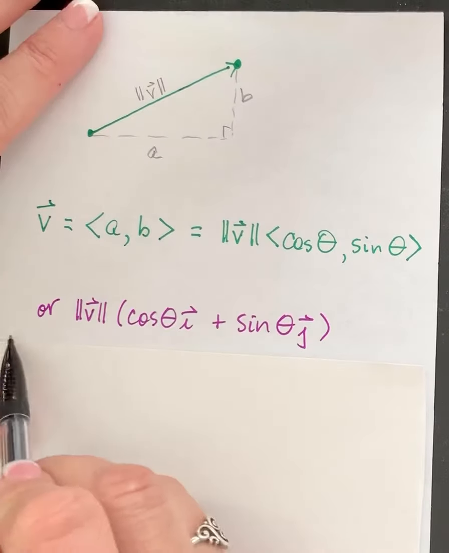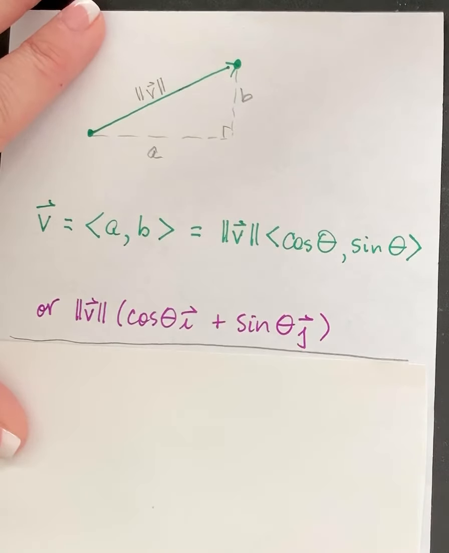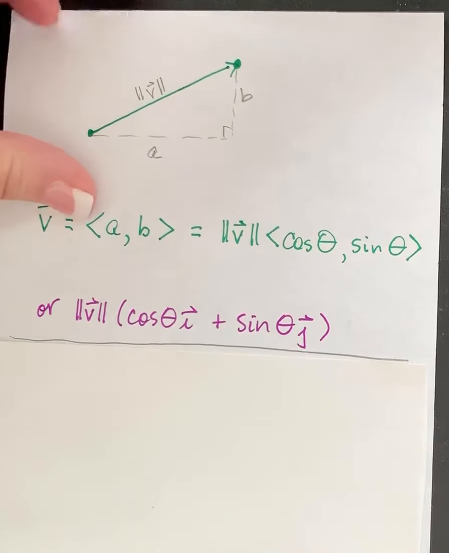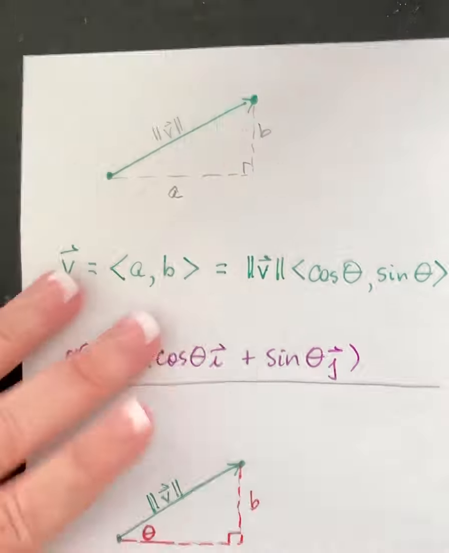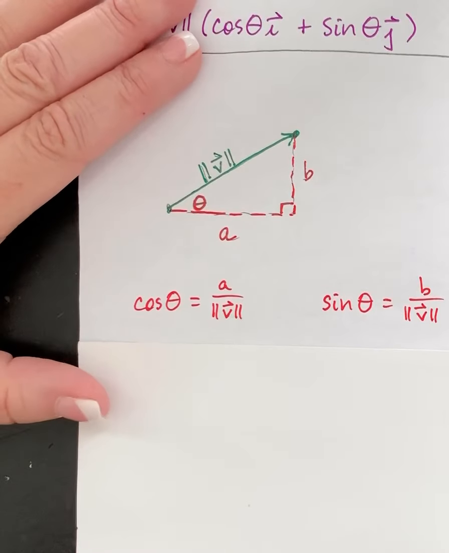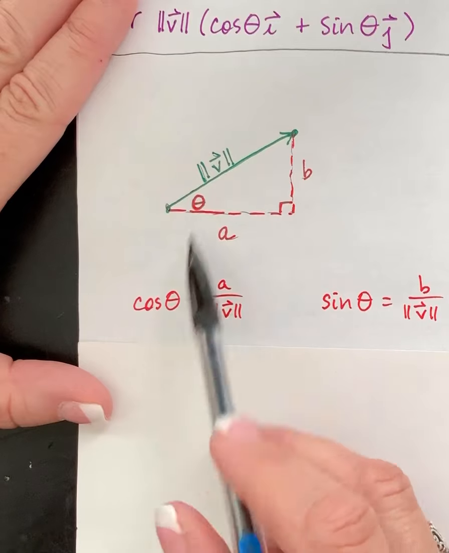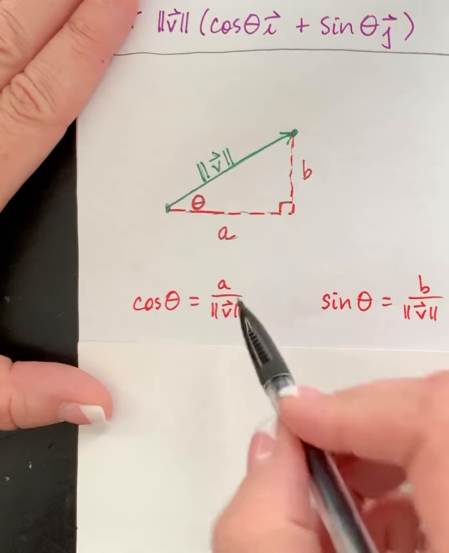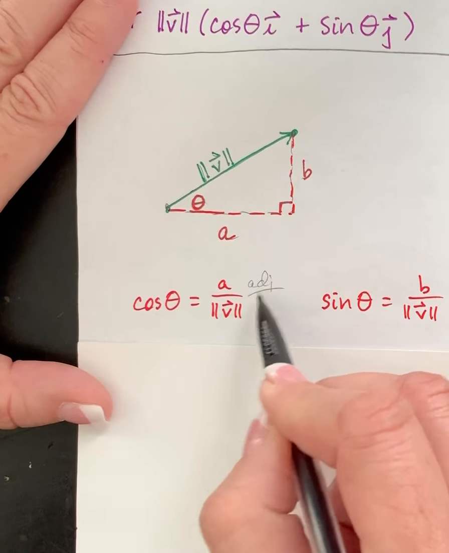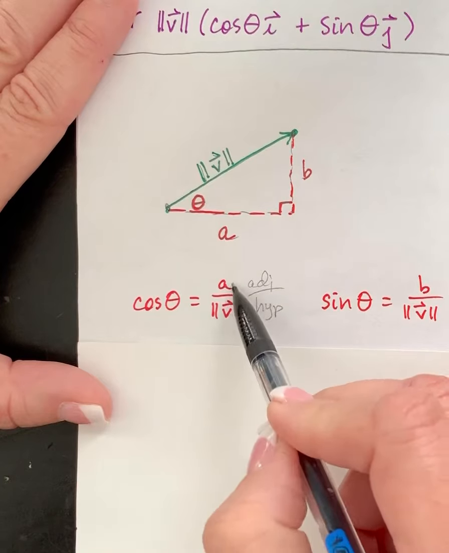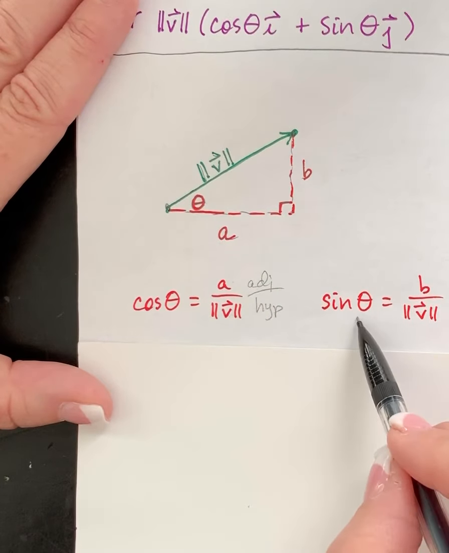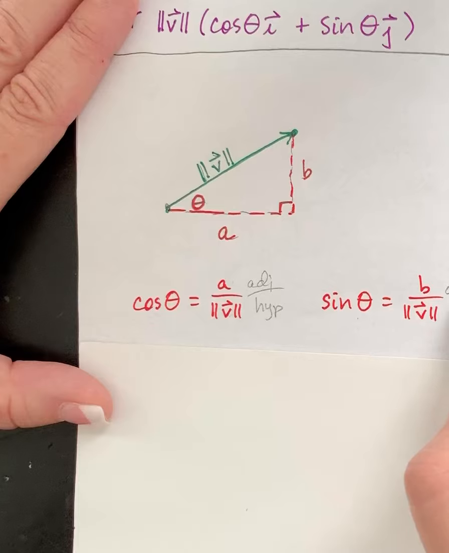Now, why is this true? It just goes back to SOHCAHTOA stuff because this is a right triangle. If you think about it, the cosine of the direction angle theta is going to be the adjacent side divided by the hypotenuse, so a divided by the magnitude of v. Sine will be the opposite divided by the hypotenuse, so b divided by the magnitude of v.